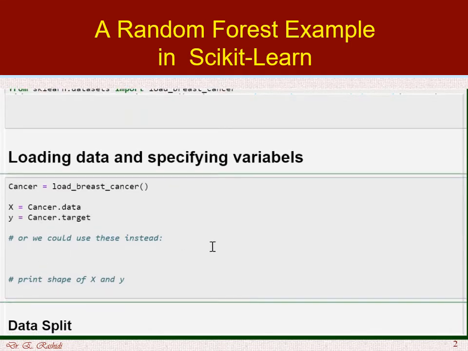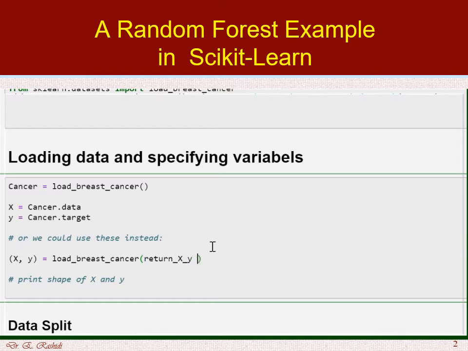Another way we could do this is we could use a function that is associated with load breast cancer, or any other data in Scikit-Learn, and that is asking for the parameter return_X_y.